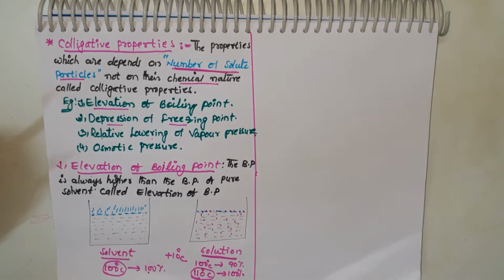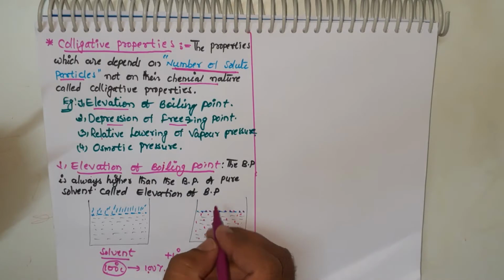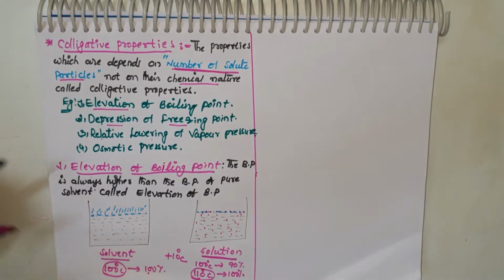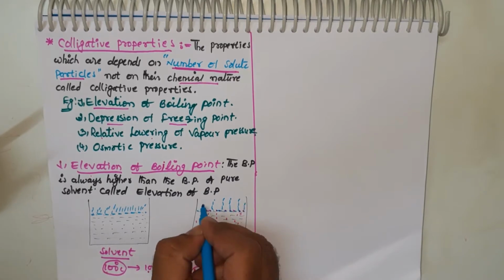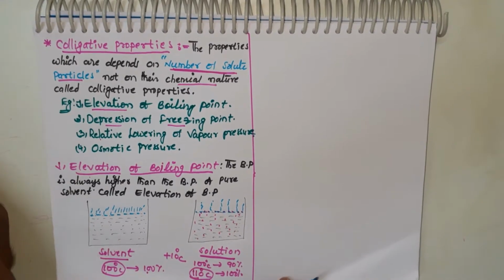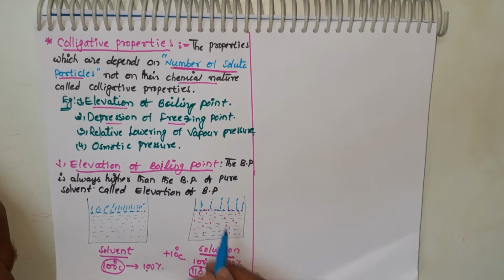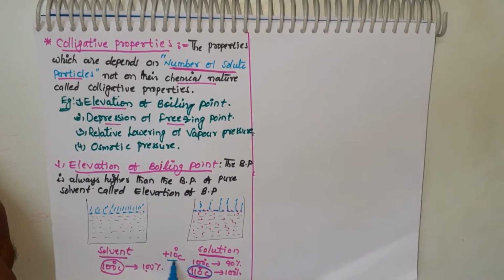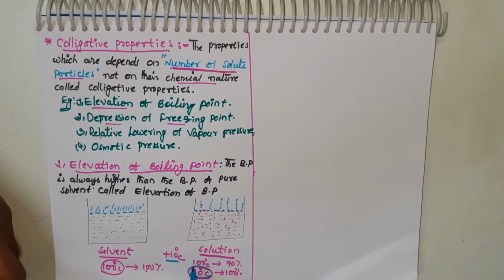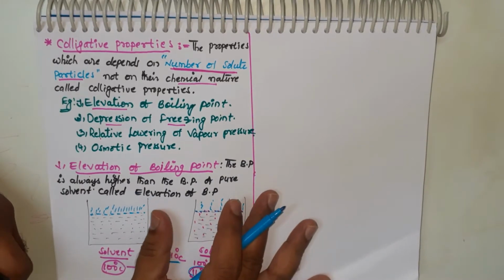They are not vaporized at 100 degrees. So the vaporization surface decreases, and the required temperature needs to be another 10 degrees or more. This is known as elevation of boiling point.